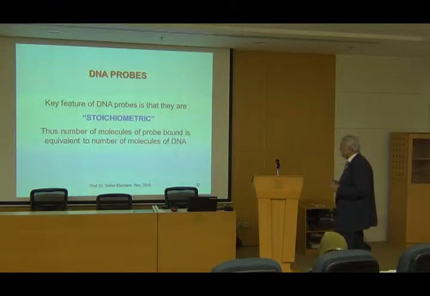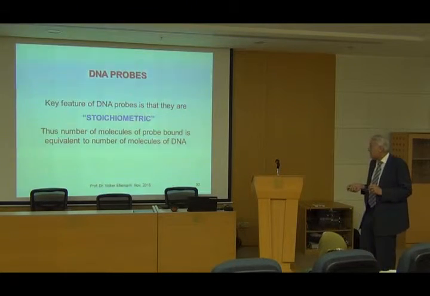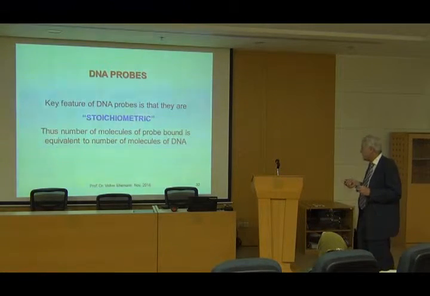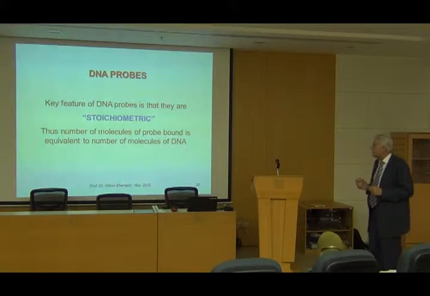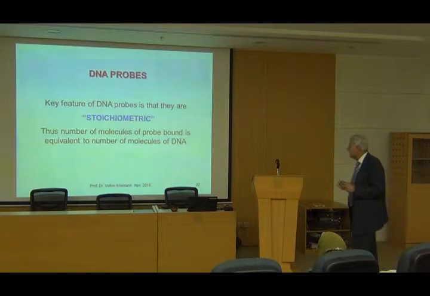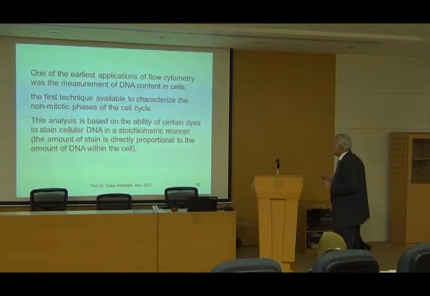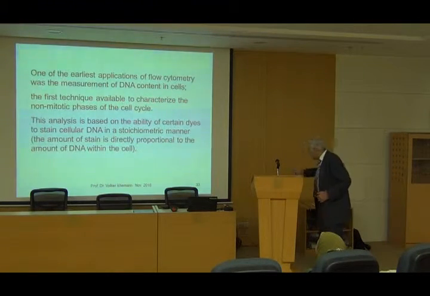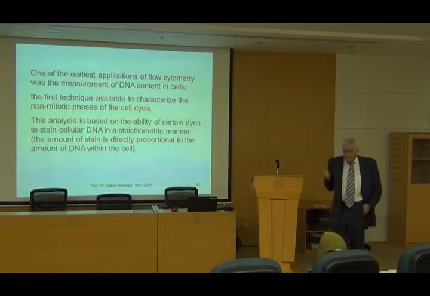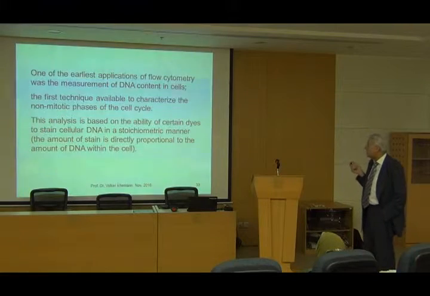The key factor of DNA probes is that they are stoichiometric. Thus, the number of molecules of probe bound is equivalent to the number of molecules of DNA. One of the earliest applications in flow cytometry was the measurement of DNA content in cells.